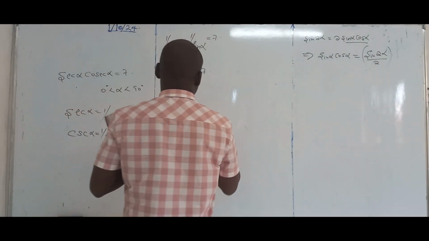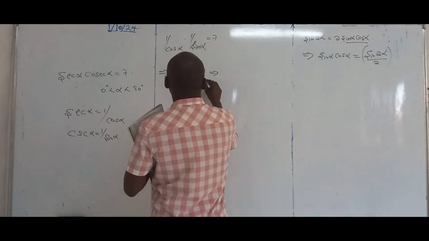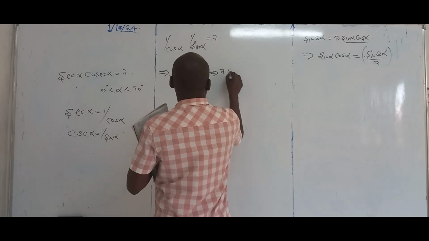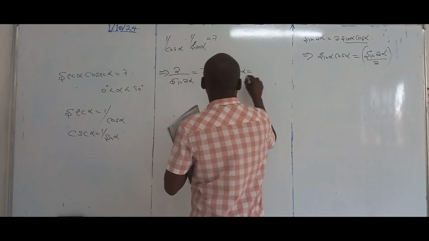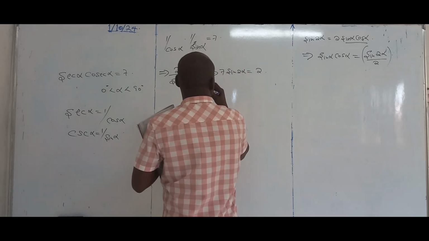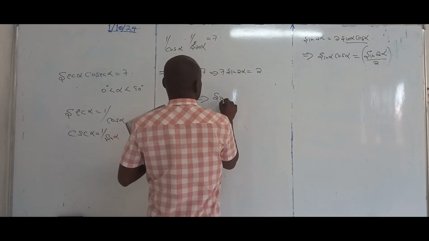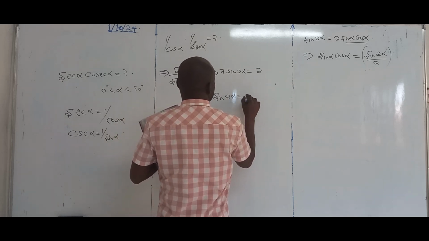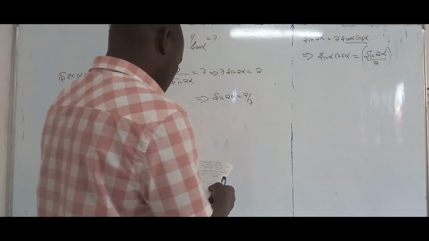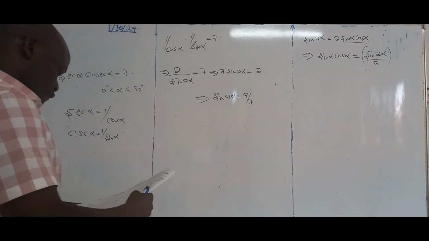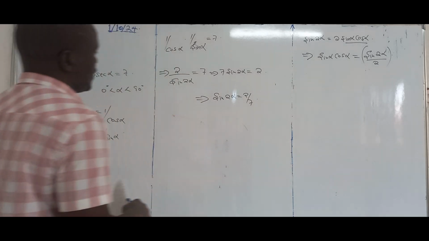This implies that 7 sine of 2 alpha is equal to 2. And so sine of 2 alpha is 2 over 7.